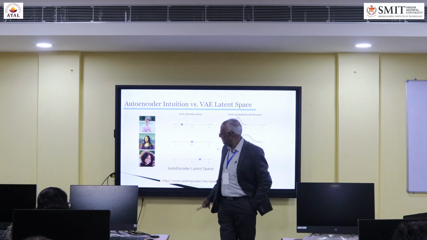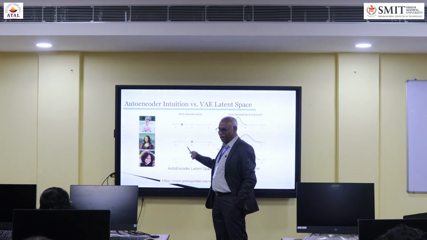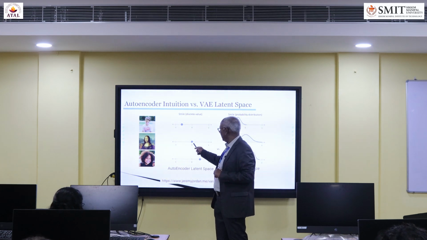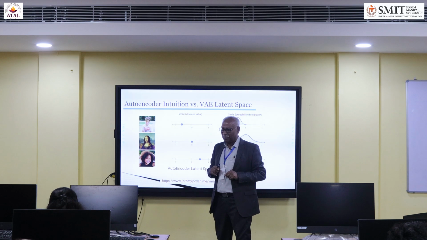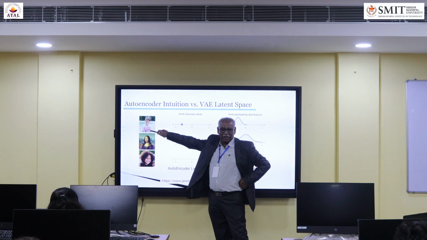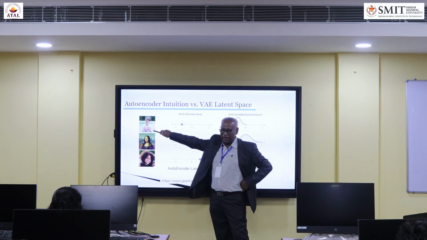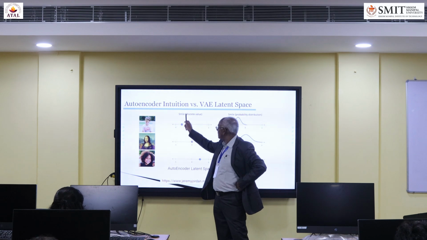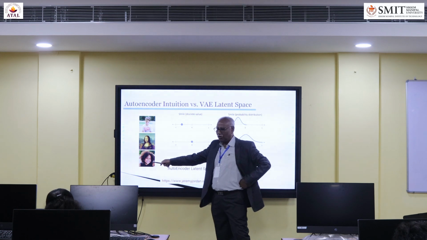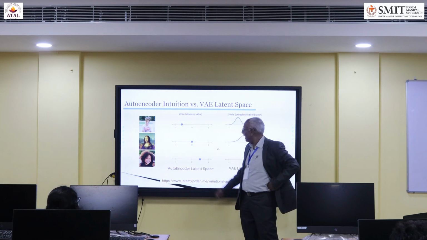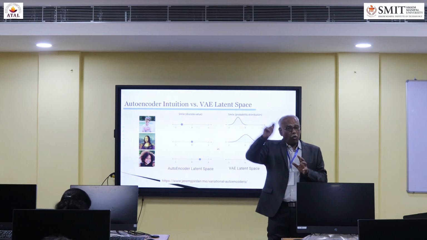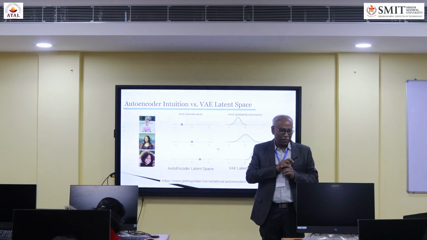So for smile, following our autoencoder, the attribute value will be neutral, because it is neutral. Come to this lad, very sad. So the smile will be negative. This fellow is smiling a lot, so smile will be positive. And these are the attribute values which will be computed by the autoencoder.